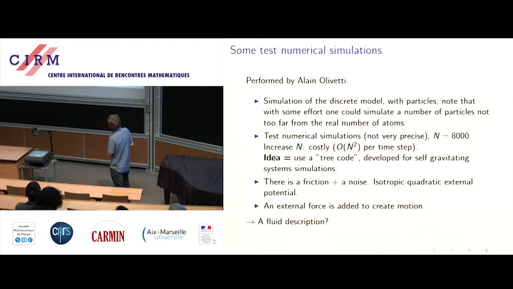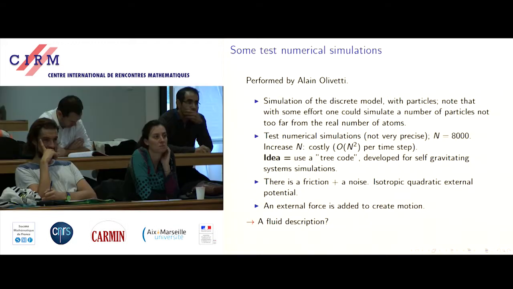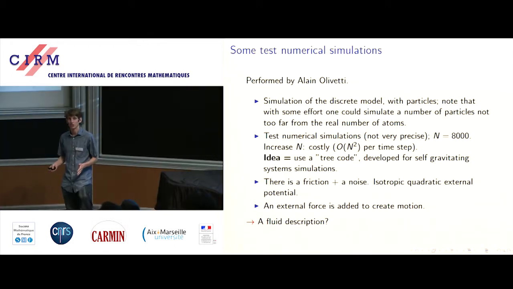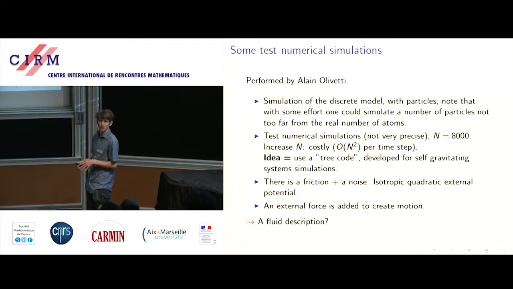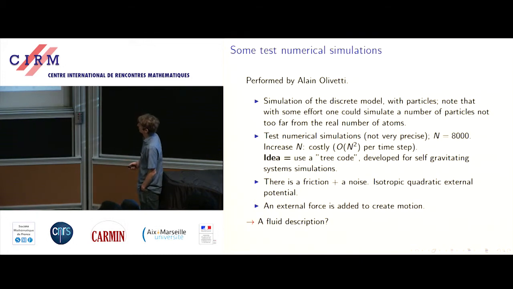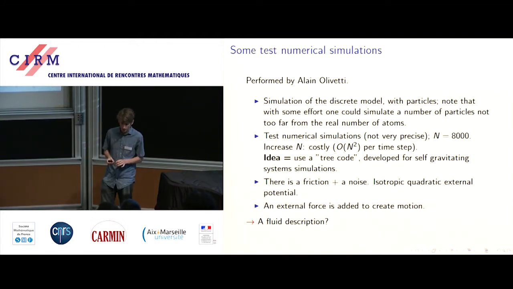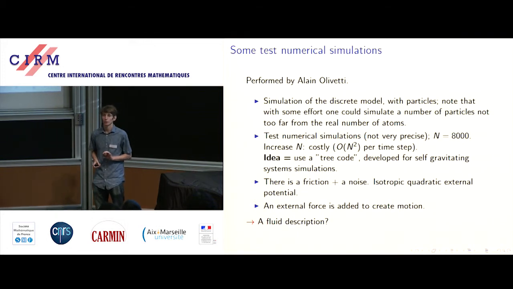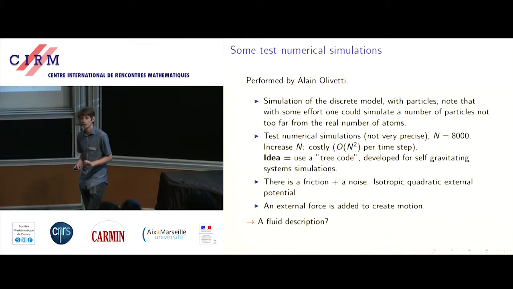Okay, so then just a few test numerical simulations. First, I'm a little bit embarrassed because we've seen several very nice numerical simulations, and here I will present you some, well, I would say test numerical simulations. They're really not very precise and maybe not as well controlled as the ones we saw 2 days ago. So you see, if you have 10 to the 6 atoms, it's not like having 10 to the 20 electrons in a plasma.